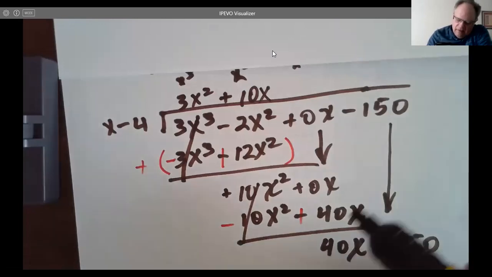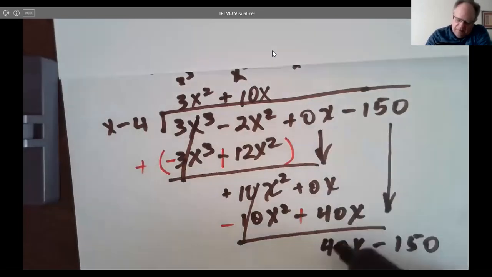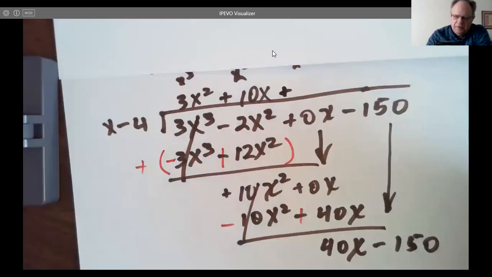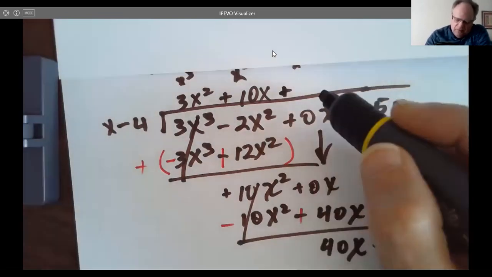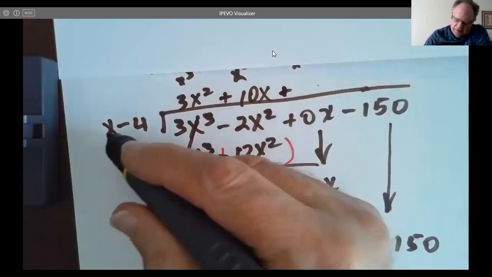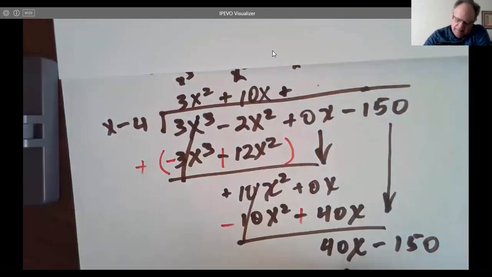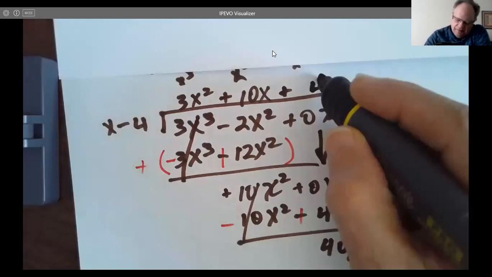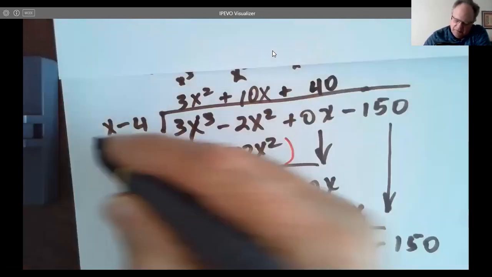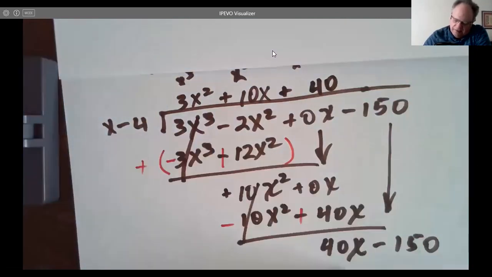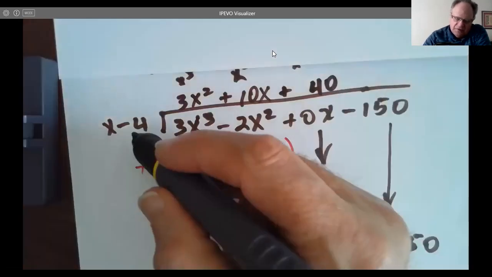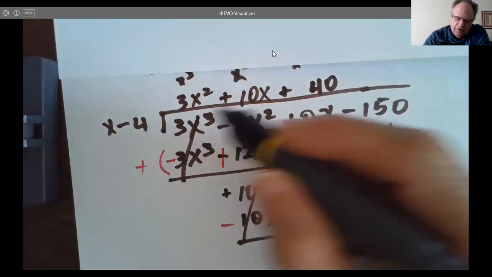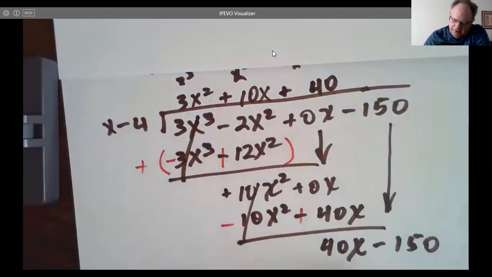Okay, now the 40 is a positive, so we put a plus here. And we ask ourselves, what times x will give us 40x? Well, 40 does. 40 times x gives us 40x. And then 40 times 4, well, 4 times 4 is 16. So 40 times 4 is a minus 160.